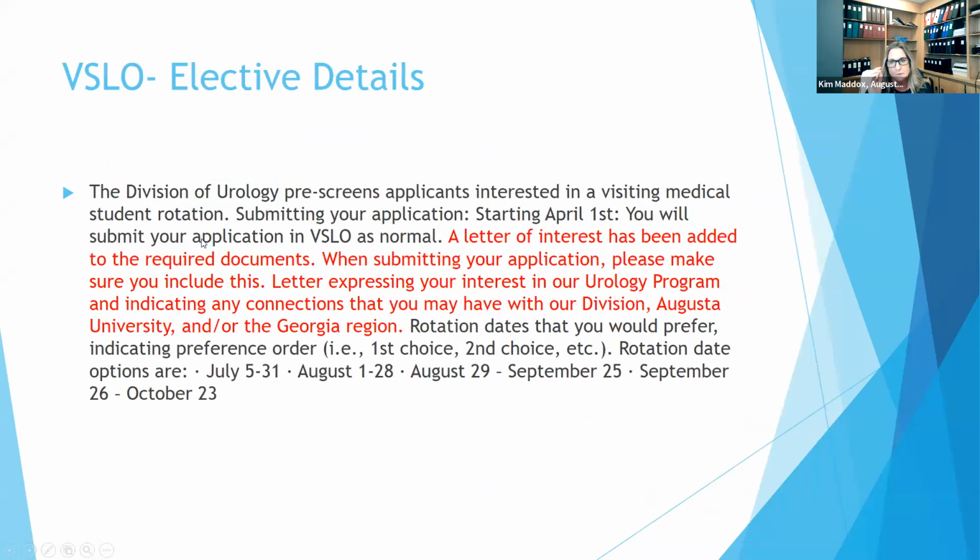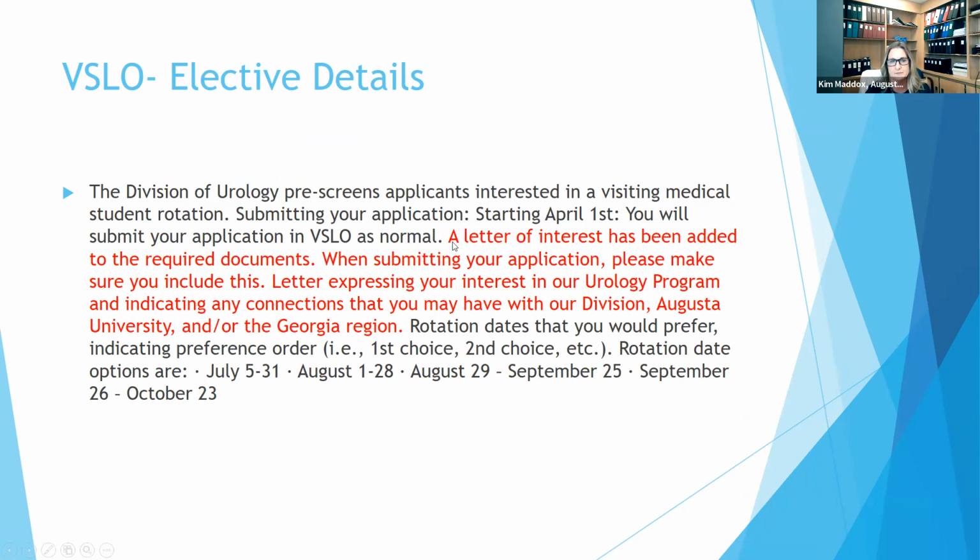So this is just an example of what we have in the elective details. When you actually go in to the electives in VSLO, you can put in the details anything you'd like. Ours just goes into when we start accepting the applications and exactly what we require and the dates and how we go about choosing those.